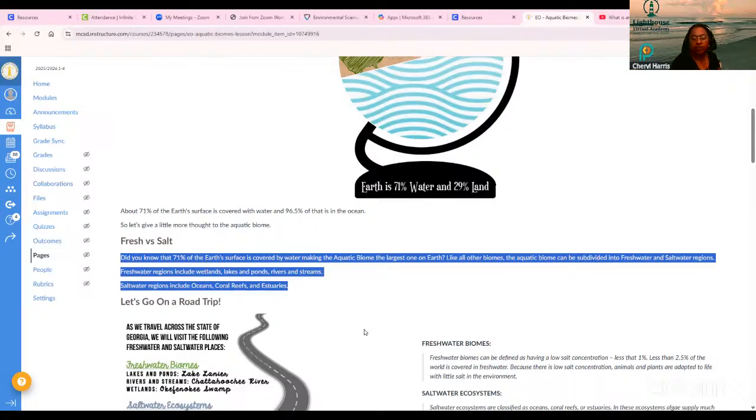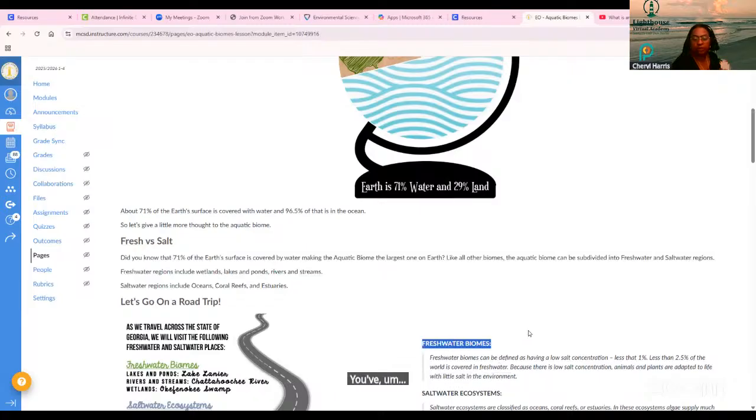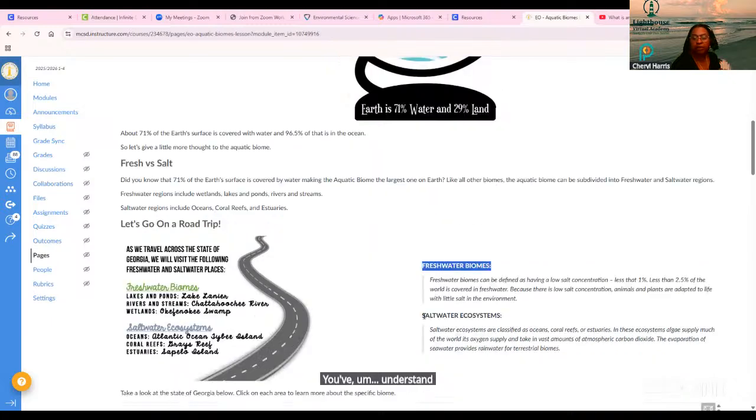And again, there's a lot of vocabulary, so please make sure you understand what a freshwater biome is as opposed to a saltwater ecosystem.